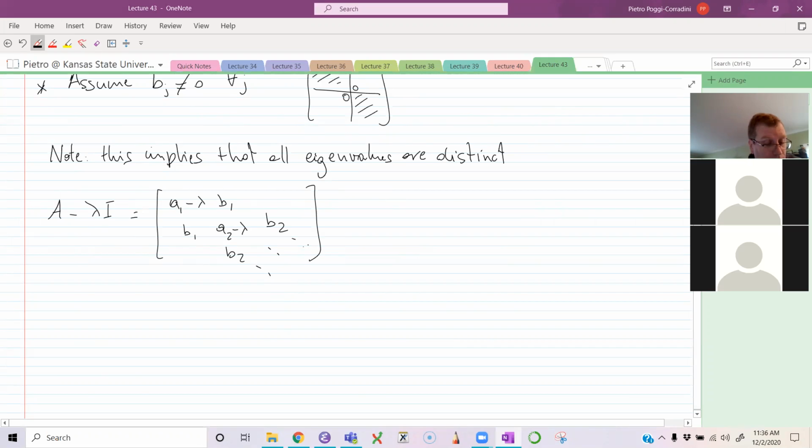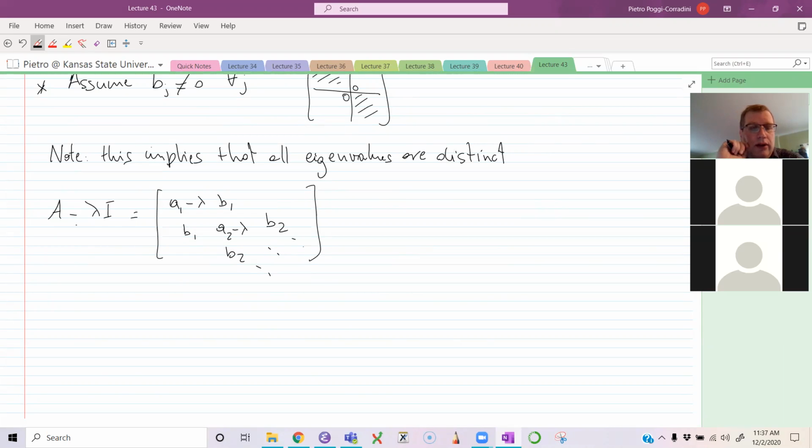And how do you show that lambda, for instance, doesn't have multiplicity? Well, you could go ahead and solve the homogeneous system with this matrix and check the dimension of the kernel, right? The dimension of the solution set.